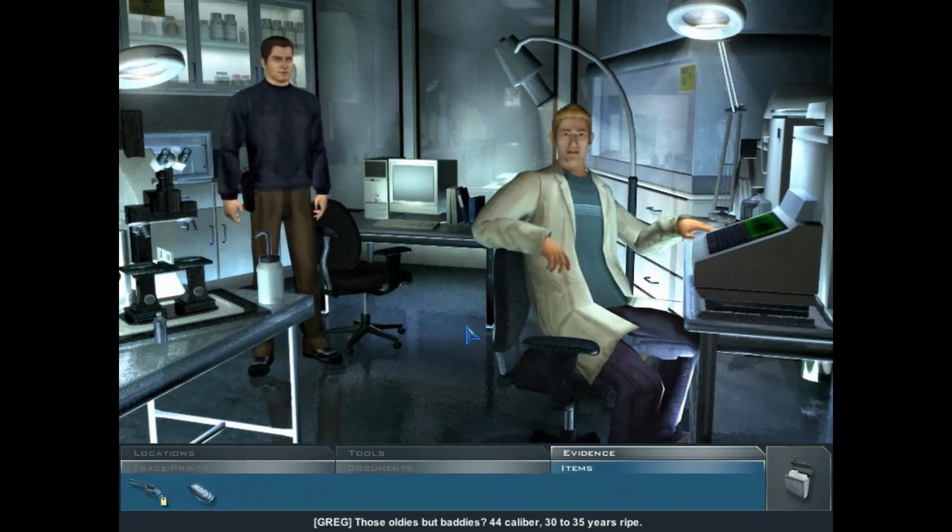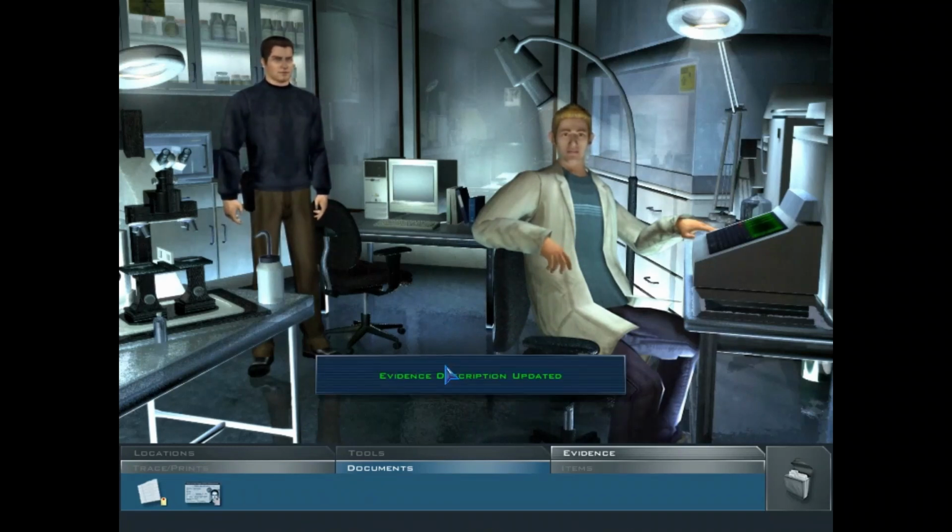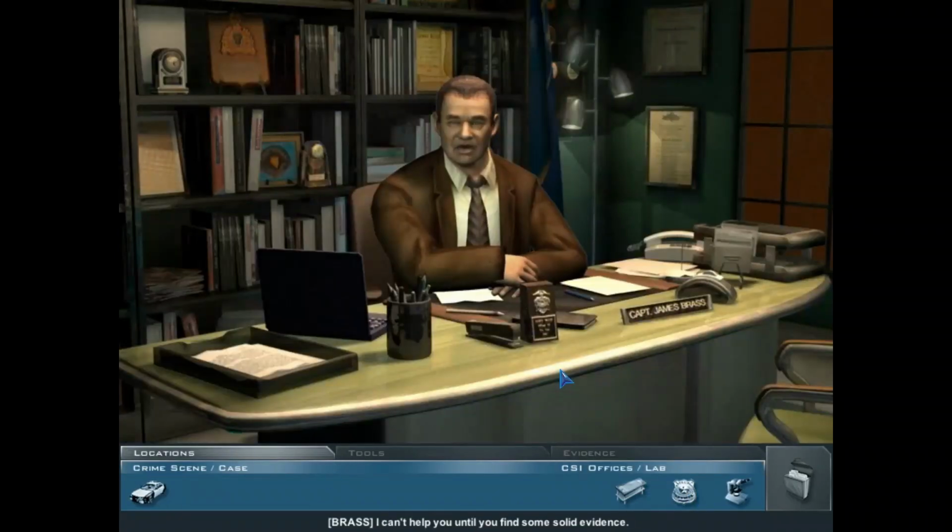Those oldies but baddies? 44 caliber, 30 to 35 years ripe. Of course, they could be reloads. This ID isn't legit. It's a forgery. Pretty good one, too. I can't help you until you find some solid evidence.